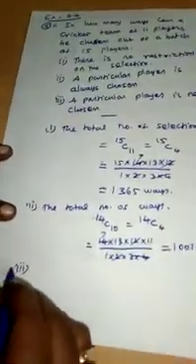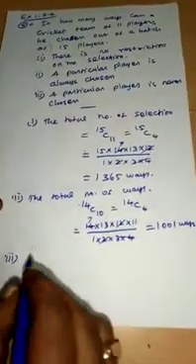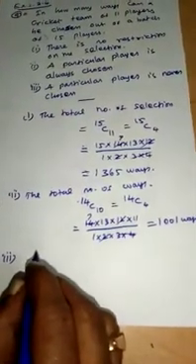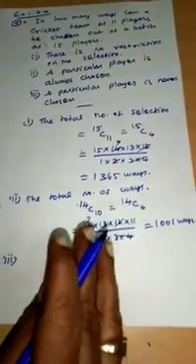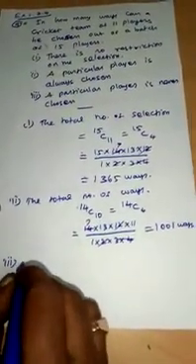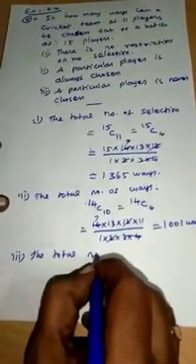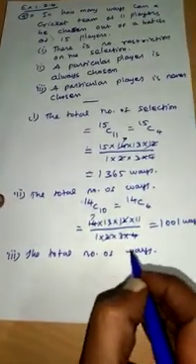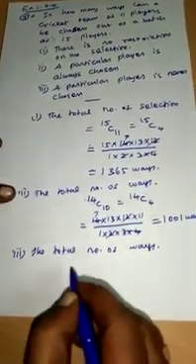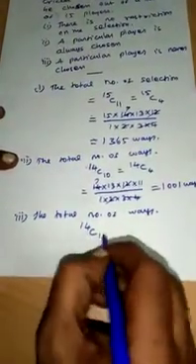Third question. A particular player is never chosen. That is, out of 15, one is never chosen. Therefore, 14 only. Therefore, now the total number of ways. One is never chosen. Therefore, out of 14, we must choose 11 players.